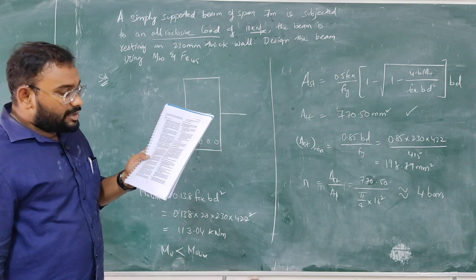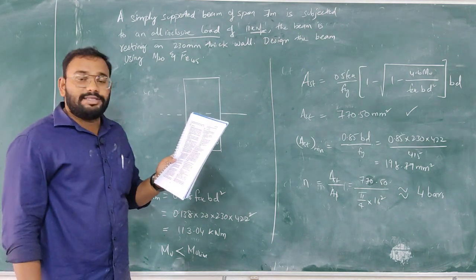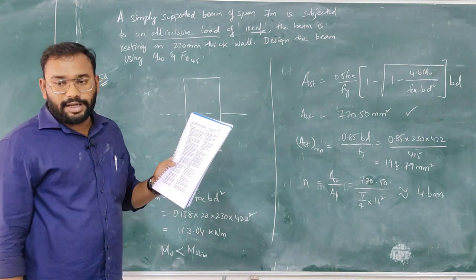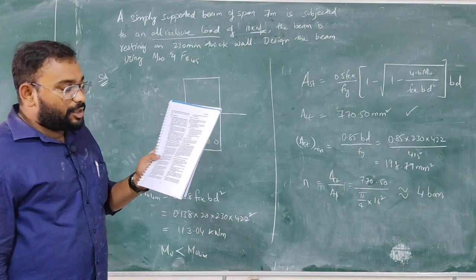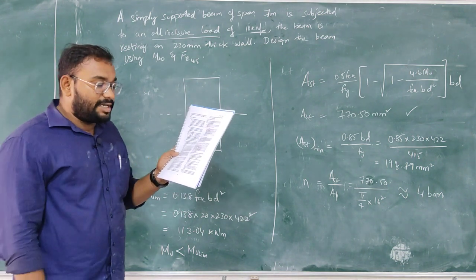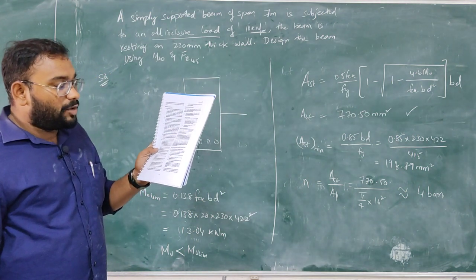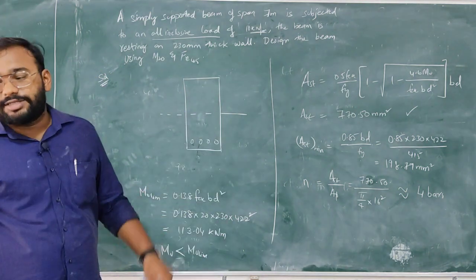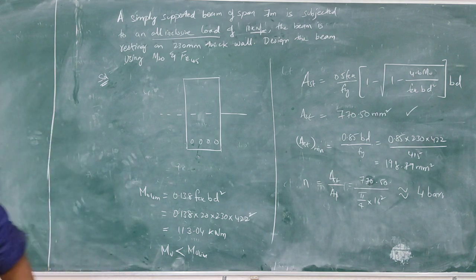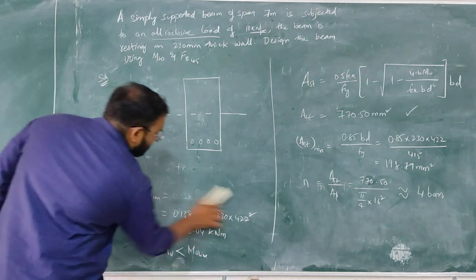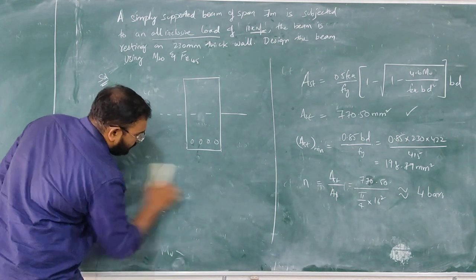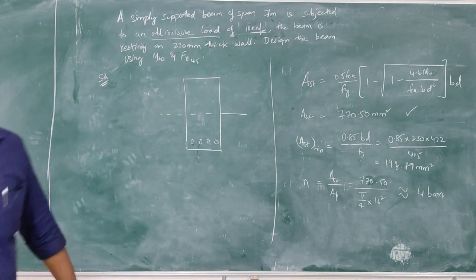First one is the diameter of the bar if the bars are equal. Second is the diameter of the larger bar if the diameters are unequal. And the third one is 5 mm more than the nominal size of coarse aggregate. See here, these are given to you as spacing between the bars.